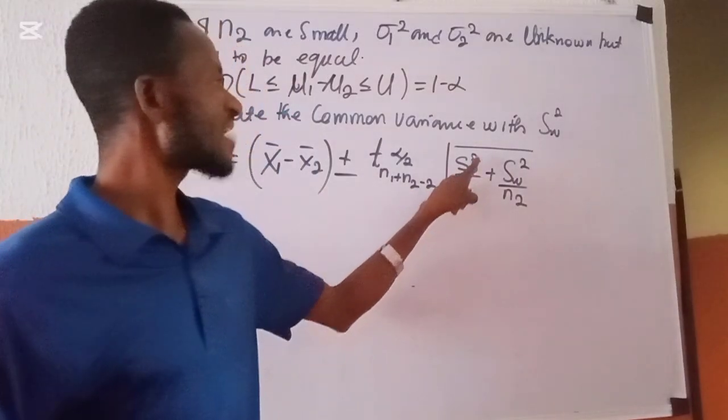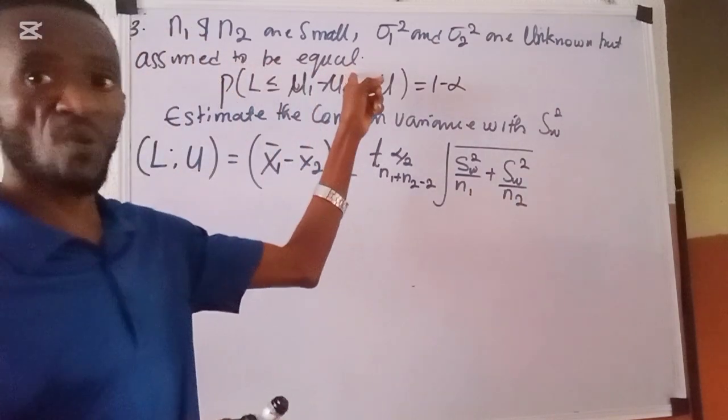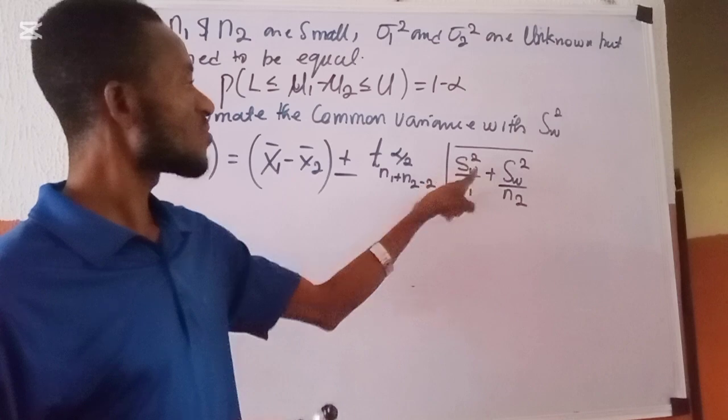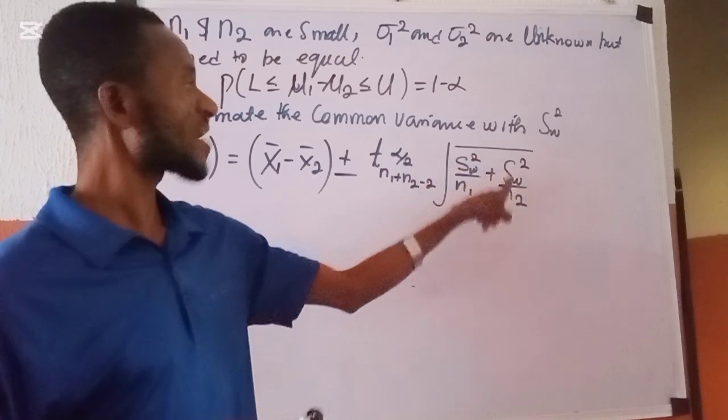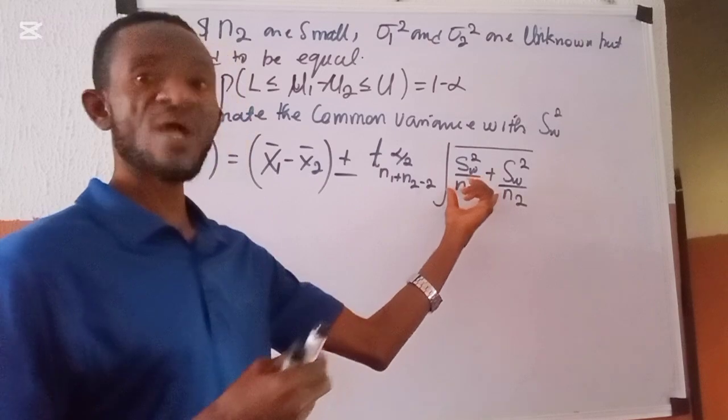I am not writing S squared 1, S squared 2, because they are assumed to be equal. So population 1 has variance of SW squared, population 2 has variance of SW squared. This is the formula we are going to use.